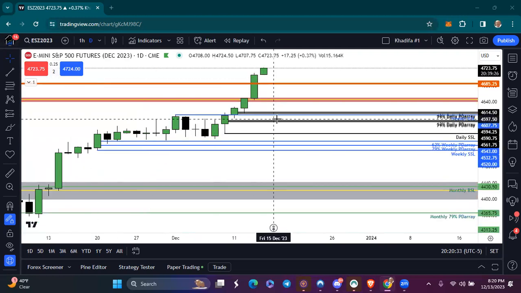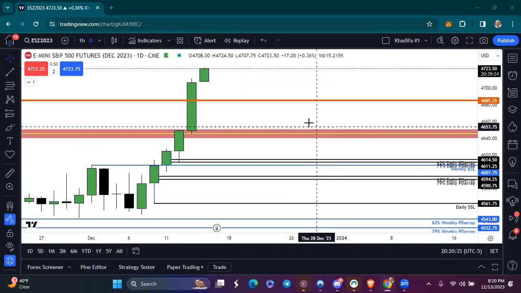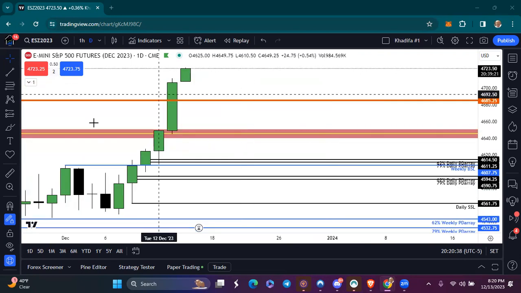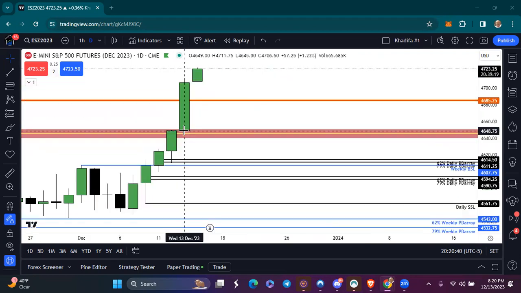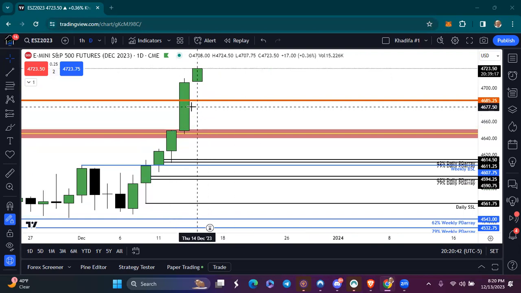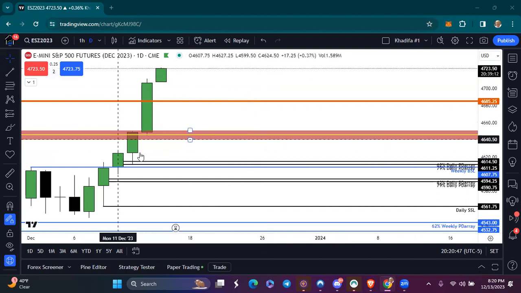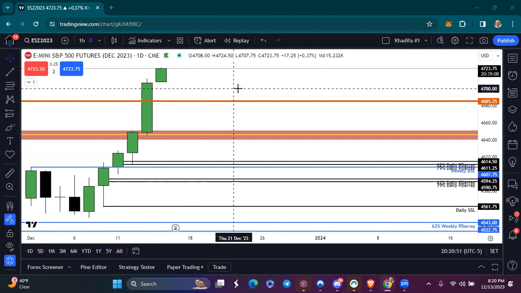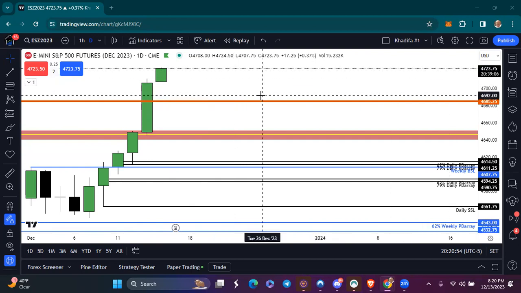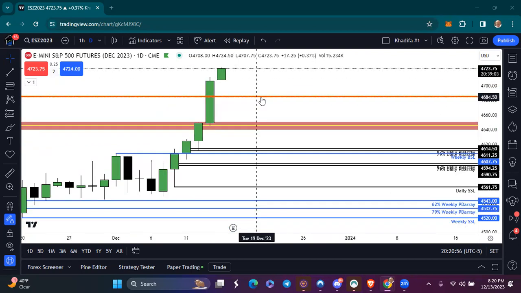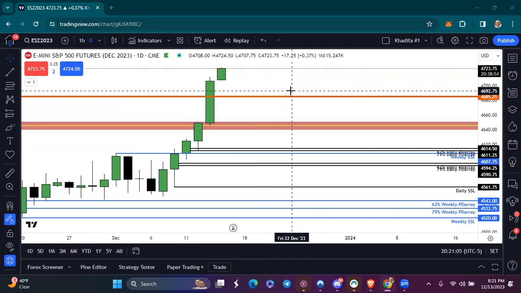Now I'm on the December contract, right? Today was the last day that I traded the December contract. I shouldn't have been trading the December contract today, but since I already had my levels pre-marked on there, you can technically trade a December contract until its expiration, but you usually want to switch over once the forward contract is trading more volume than the current contract.